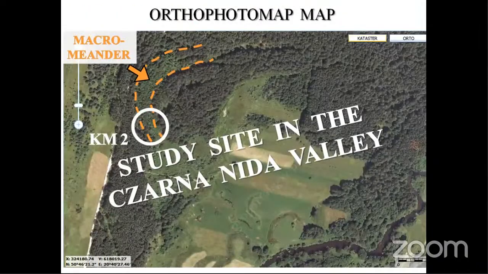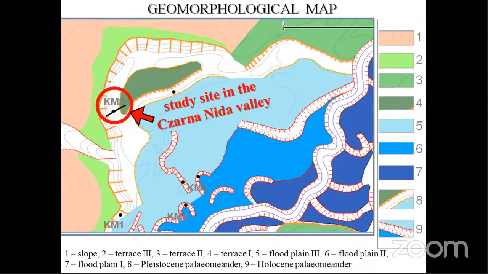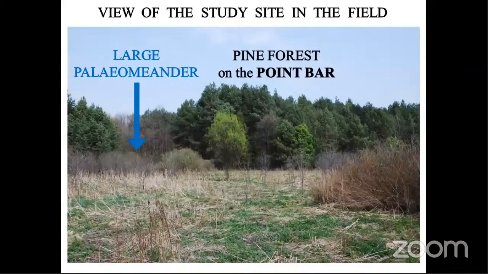This is the study site in the Czarna Nida Valley on the orthophoto map and on the geomorphological map. In this map, we can see the Czarna Nida large paleomeander and the point bar above floodplain level. This is the view of the study site in the field.